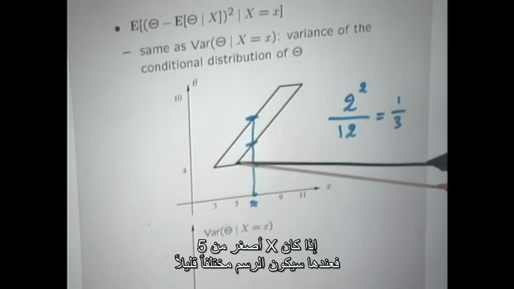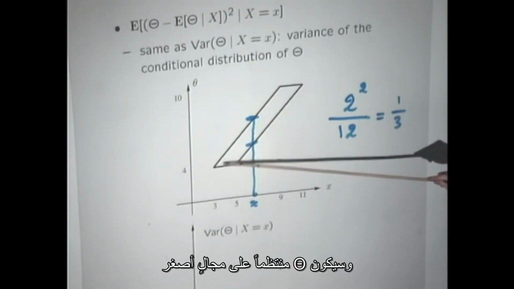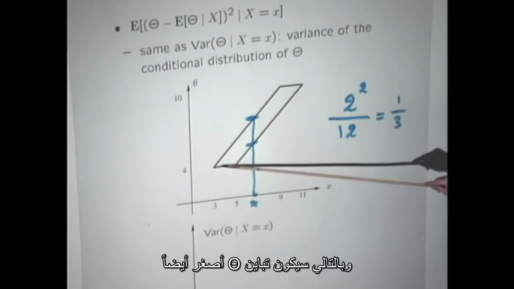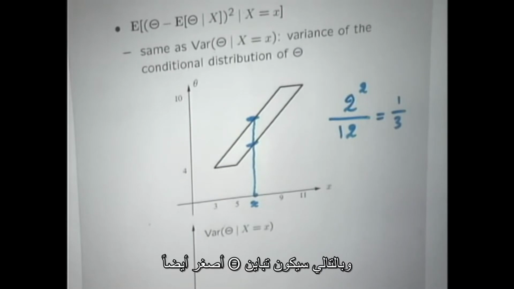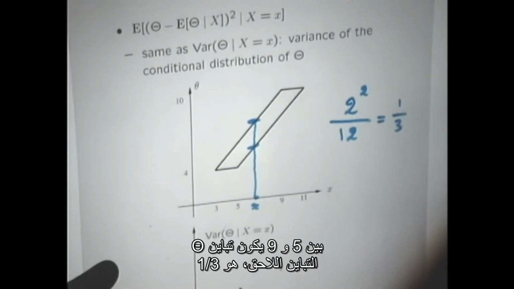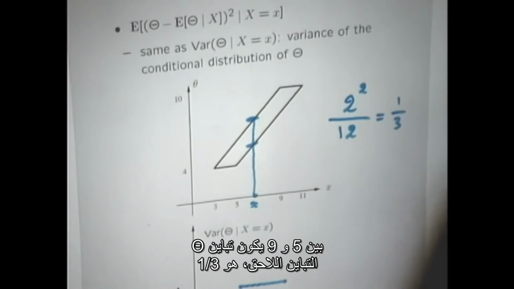If x is less than 5, then the picture is a little different, and theta is going to be uniform over a smaller interval. And so the variance of theta is going to be smaller as well. So let's start plotting our mean squared error. Between 5 and 9, the variance of theta, the posterior variance, is 1/3.